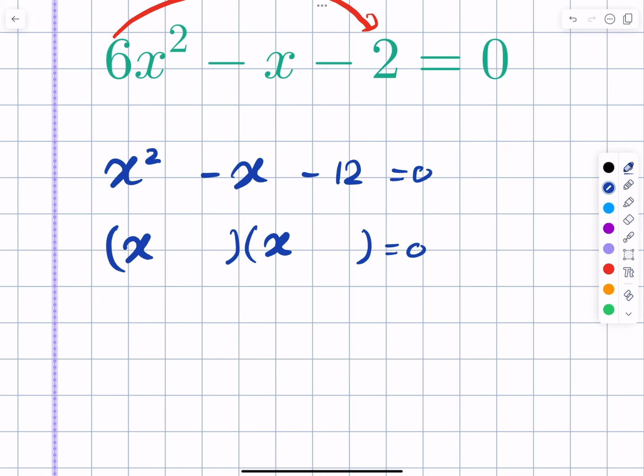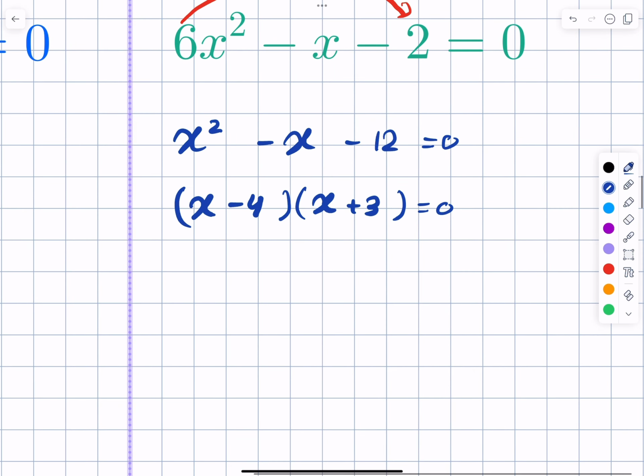The two numbers are -4 and +3. So the two solutions here, we would say either x minus 4 is 0, so x will be 4, and the other one, the solution will be -3.